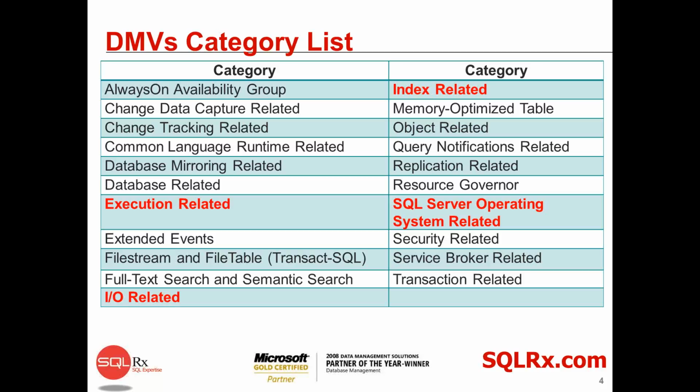So starting on 2005, the DMVs are the pretty easy ones to use. You pretty much run the query and see what it returns. There's not much else to it. Most of them, because what comes back are numbers, not names, are required to be joined with other DMVs and sometimes DMFs to turn all those numbers into names that mean something to you.